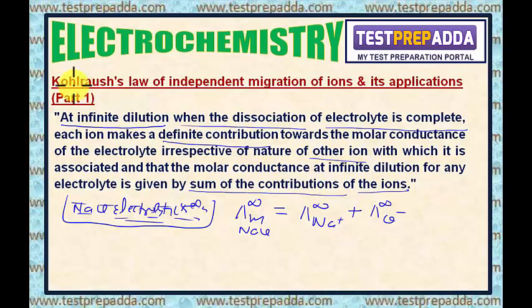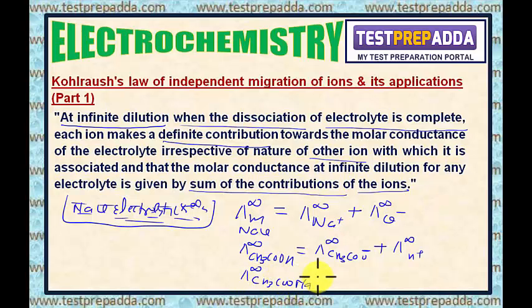This is Kohlrausch's law. For acetic acid, the molar conductance at infinite dilution will be the molar conductance at infinite dilution for CH3COO minus plus the molar conductance at infinite dilution for H plus. If I write the molar conductance at infinite dilution for CH3COONa, I will write this as CH3COO minus plus Na plus.